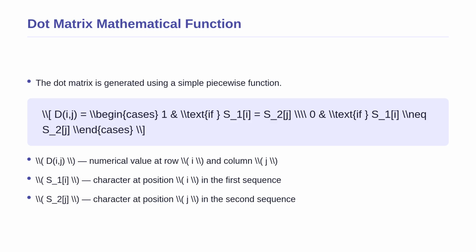If these two characters are identical, the function outputs a 1, instructing the computer to draw a visible dot. If they are different, it outputs a 0, leaving the cell blank. As the sequences get longer, the grid expands, but this simple binary logic remains exactly the same.